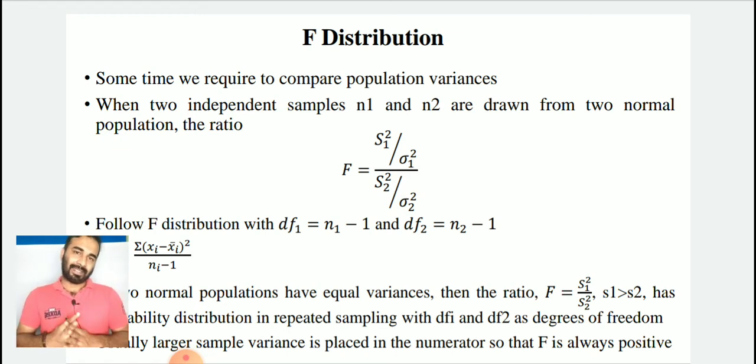So far we discussed only two types of test, normal distribution test, z-test, and t-distribution test, or t-test. Okay, so now in this video I am going to introduce you to one more test called f-test.